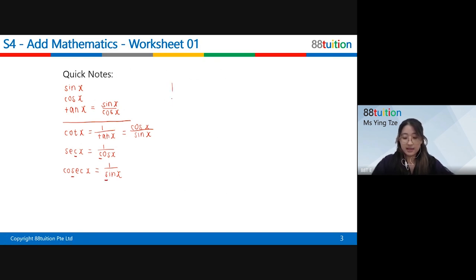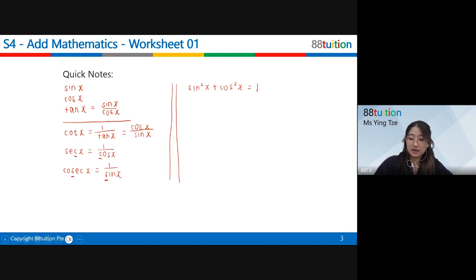Okay. Then some of the identities you need to know for trigonometry. The most basic one is sine squared x plus cosine squared x is equal to 1. Actually there are 3 different formulas that you need to know, but the other 2 can be derived using this first formula.